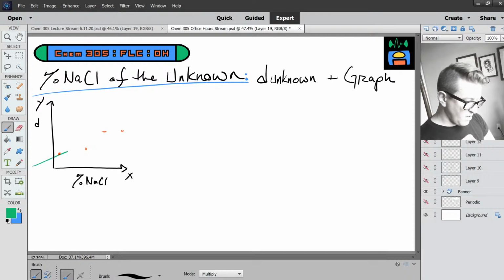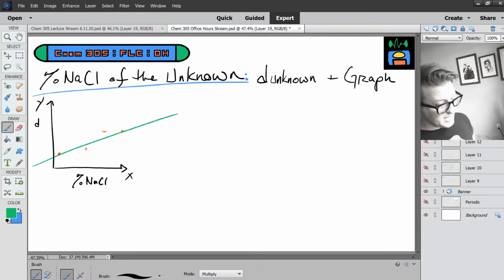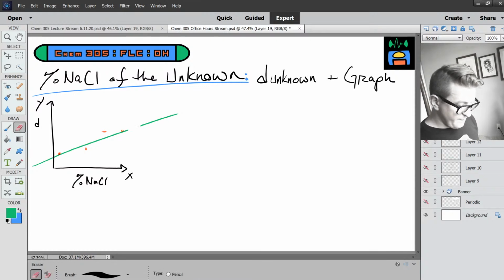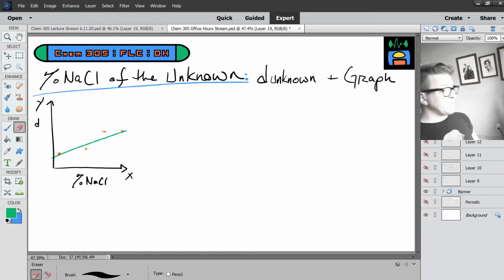We make our graph. I would recommend doing it in Excel, but you don't have to. The reason I like Excel is it gives you an equation of a line.